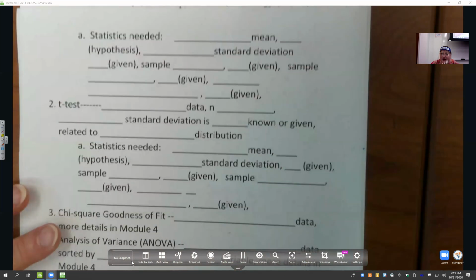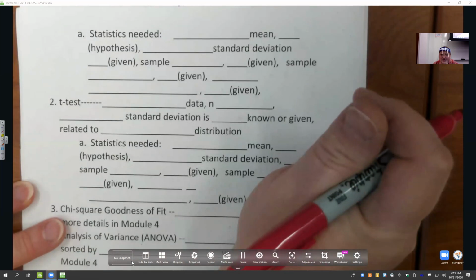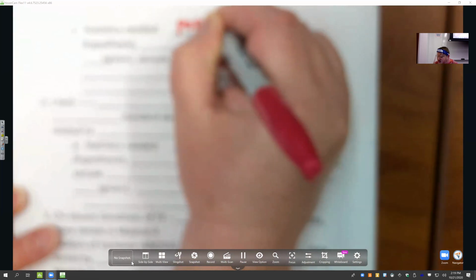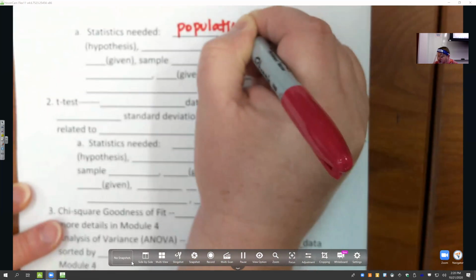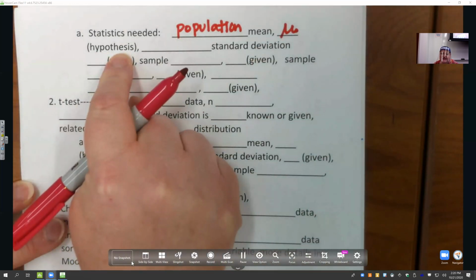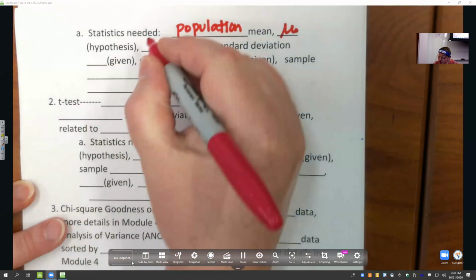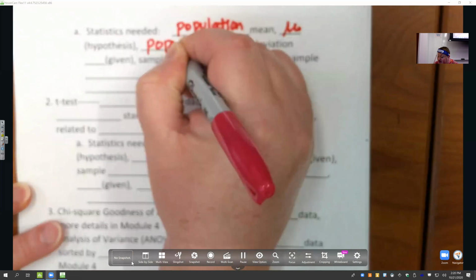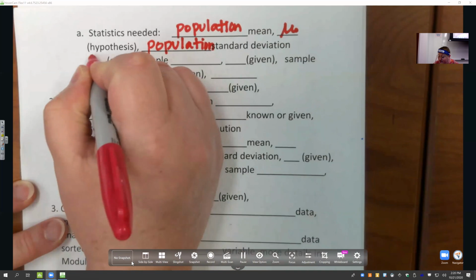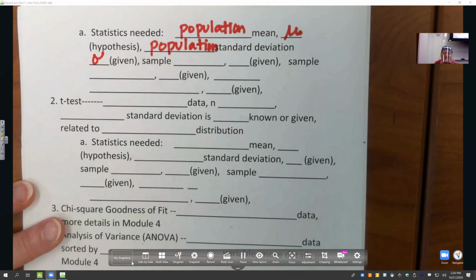In the scenario, you will be given the population mean, which is represented by mu, and that is the value that is in the hypothesis. You'll be given the population standard deviation, which is sigma. That will be given in the problem, and it will be clearly identified as the population standard deviation.